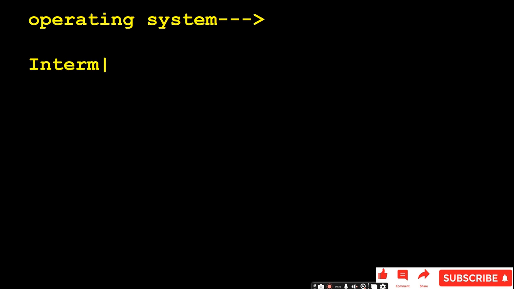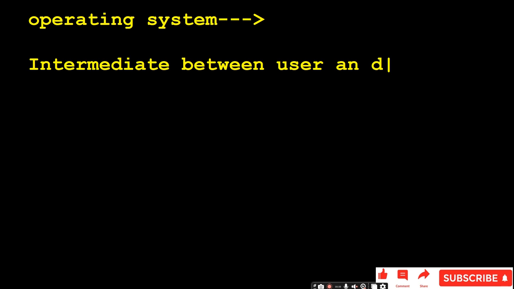Generally, the operating system has a very simple definition. Operating system is an intermediate between user and computer hardware.